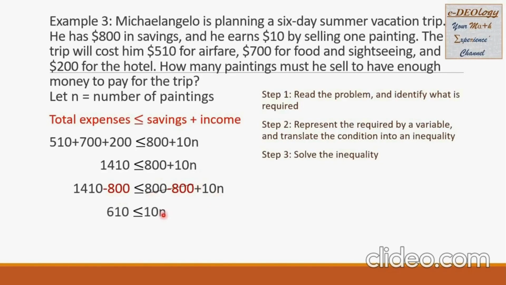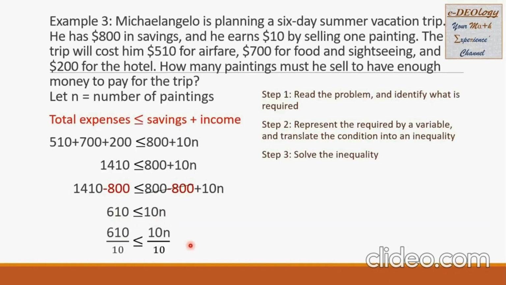The 10n comes down on the next step. We will find the difference of the two numbers. It becomes 610. Then we want to make the coefficient of n equal to 1. We will divide this inequality by the coefficient of n, which is 10.